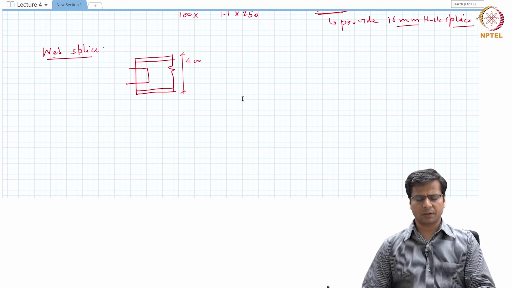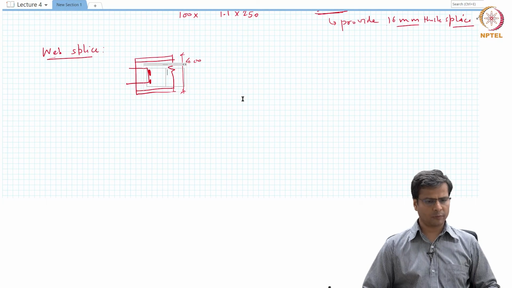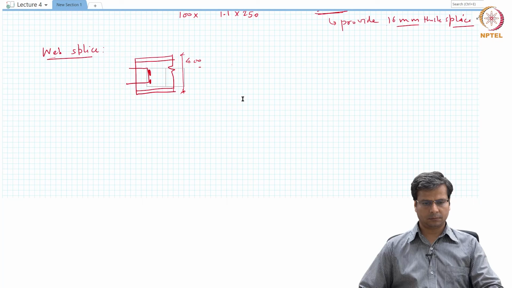So anything around 200 to 300 millimeters should be sufficient for the web splicing. Let's also try to do a force check, the force demand check also. And we would provide welds at these two edges, and we'll see how much is the force demand. So how do we go about doing this? So the force demand is 80 kilonewton. It is given to us already.